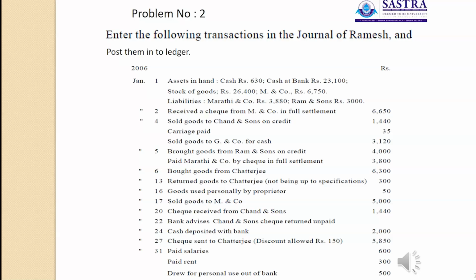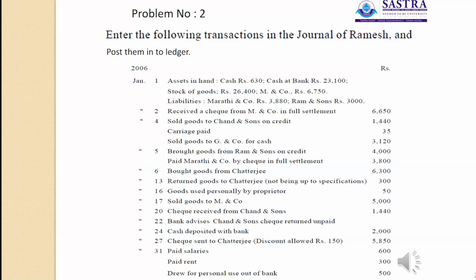January 4: sold goods to Chan and Sons on credit, rupees 1,440. On the same date, carriage paid rupees 35. Sold goods to GN Company for cash, rupees 3,120. January 5: bought goods from Raman and Sons on credit, rupees 4,000.